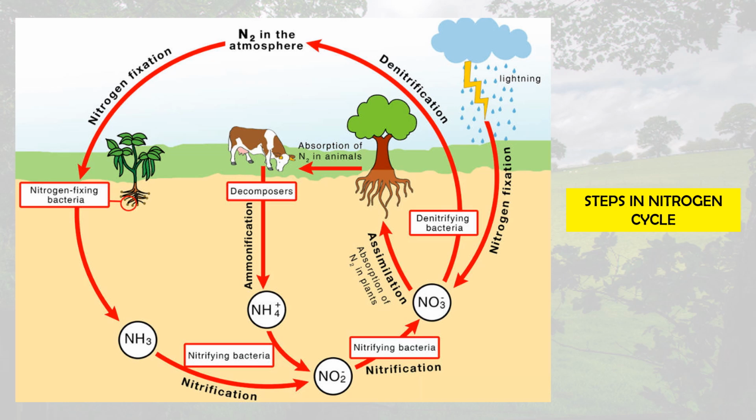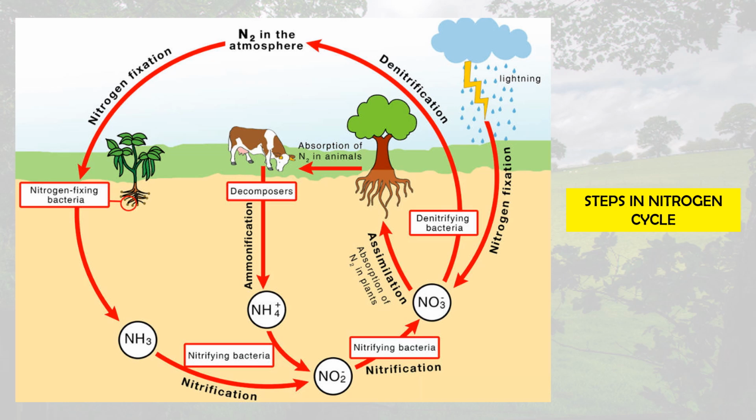That process is called ammonification. And then the next step is assimilation, where the nitrates produced from nitrification are absorbed by the living matter, may it be plants, animals, or microbes.